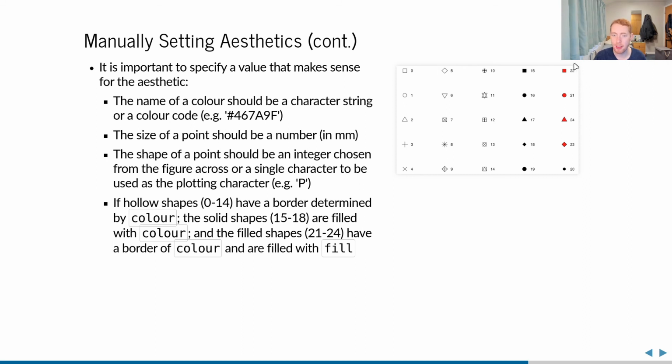But these filled ones at the end here take 2 different aesthetics. There is fill for specifying the interior color, and then color for specifying the exterior outline. So for these first ones, it's just color for their single color. These ones, it's fill and color.